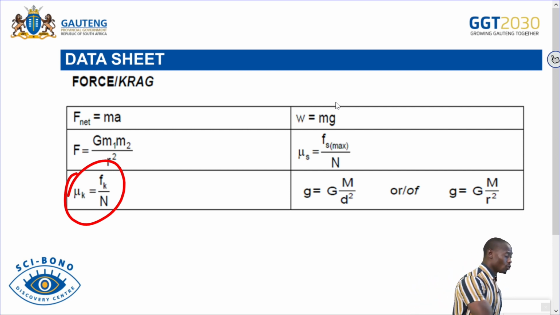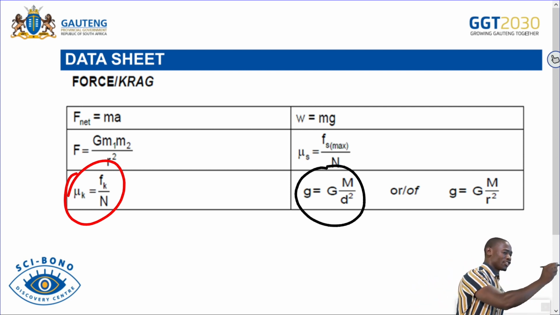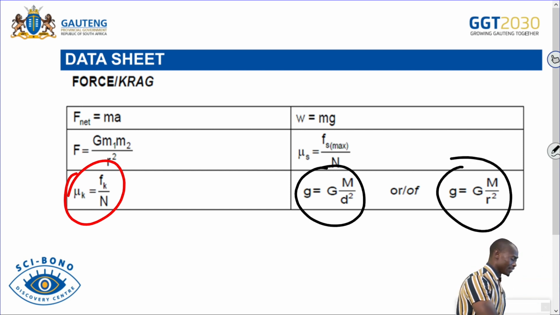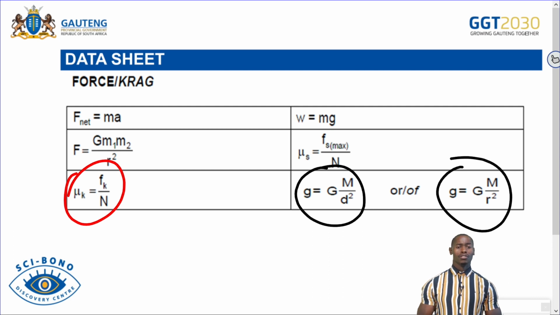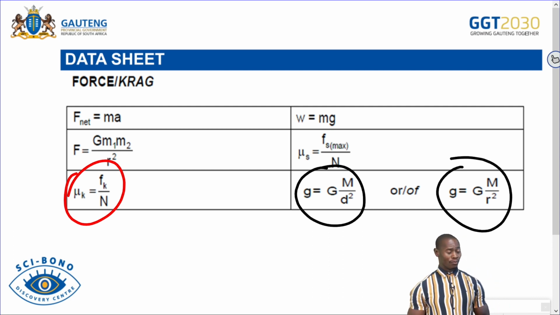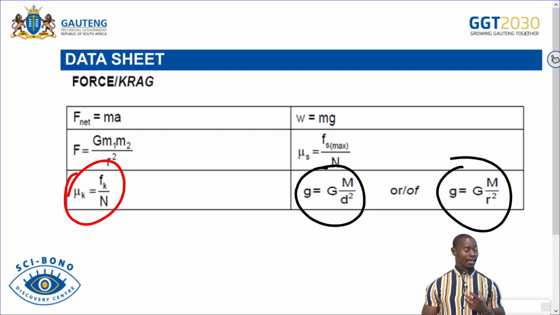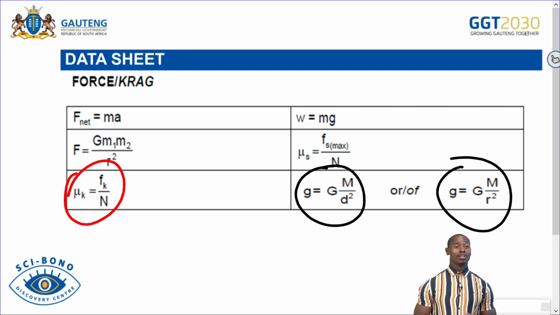And also gravitational acceleration: g equals GM over d squared, or g equals GM over r squared. So these are the important formulae, or the data sheet, that we need to use when we are dealing with Newton's laws.